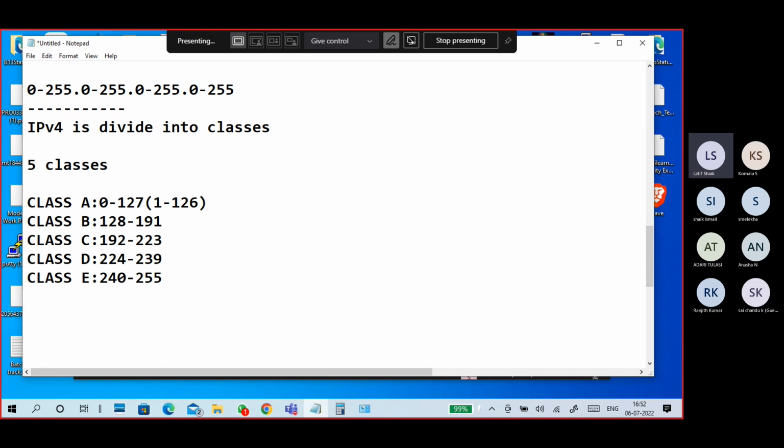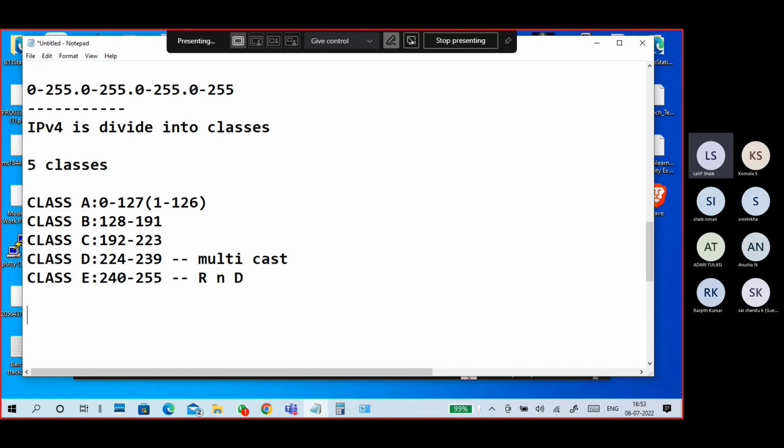In this one, class D, we don't use it for assigning IP addresses. Its purpose is multicast. Class E is for R and D purposes only, very special cases, maybe for research, or reserved for future use.